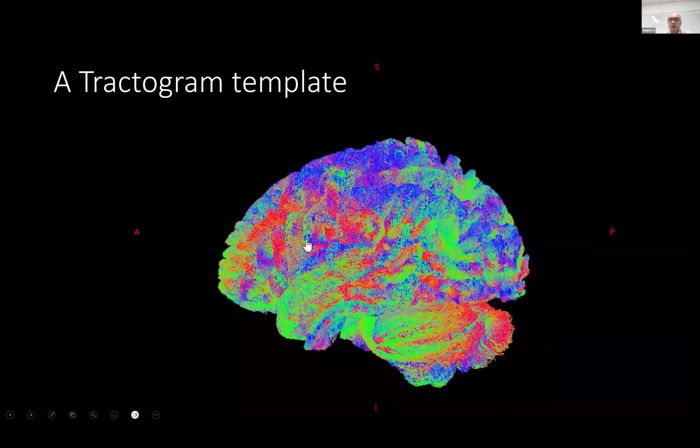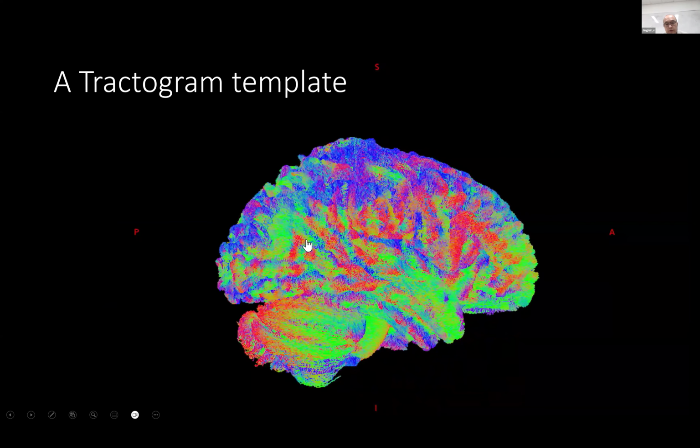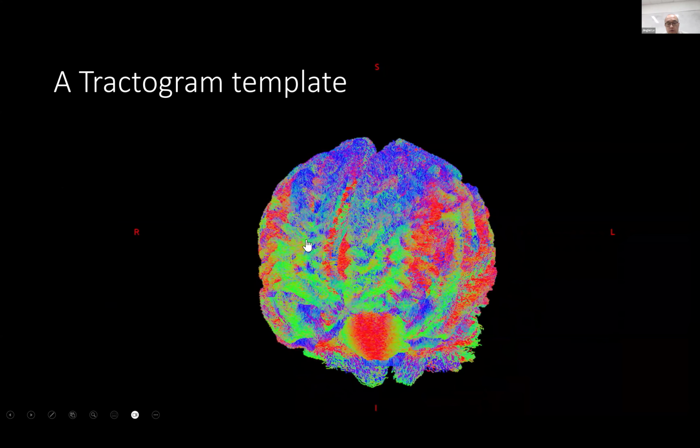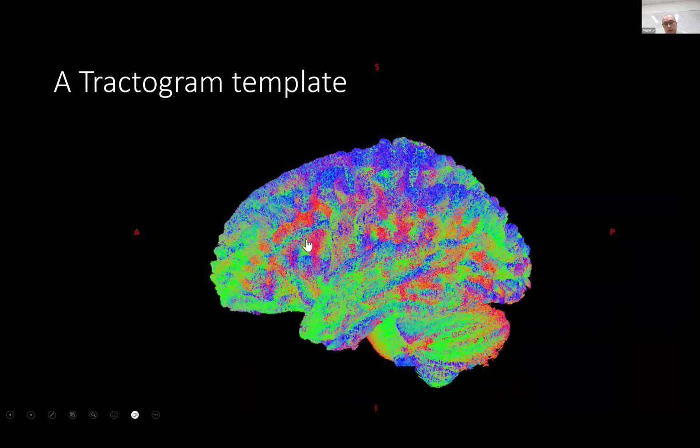Next, we use the tissue segmentation generated from the structural components to guide the fiber tracking based on the FOD template. The method we use is anatomically constrained fiber tracking. With this, we generated the tissue-unbiased tractogram template.